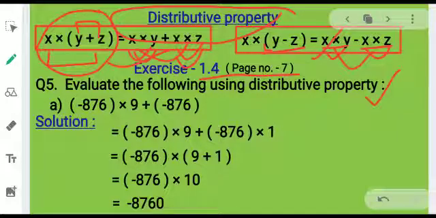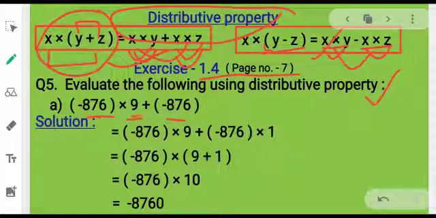The first part is minus 876 multiplied by 9 plus minus 876. If we take x is equal to minus 876, then y is 9. Again x is minus 876, z is missing.